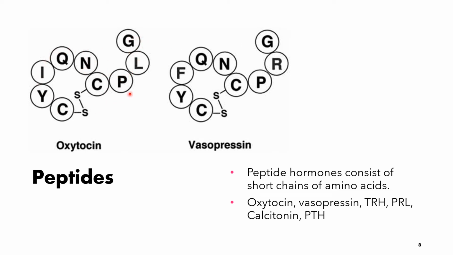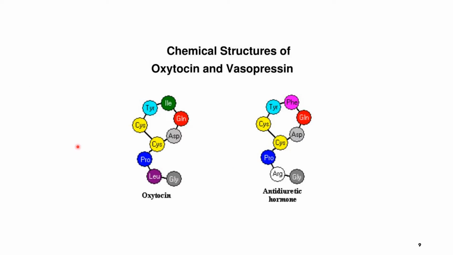This is the amino acid sequence of oxytocin, and here we also have the amino acid sequence of the hormone vasopressin. This diagram shows another representation of the chemical structures of the neuropeptides oxytocin and vasopressin or the antidiuretic hormone.